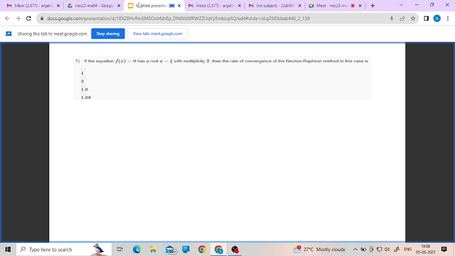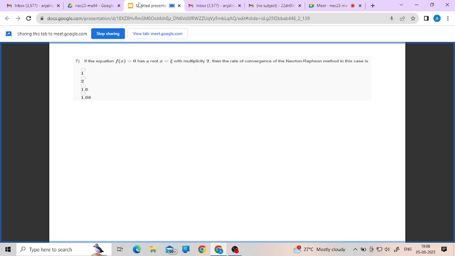When you substitute, on the LHS you will get xi + epsilon(k+1) equals, on the RHS, at xk you put xi + epsilon k minus f(xi + epsilon k) upon f'(xi + epsilon k).